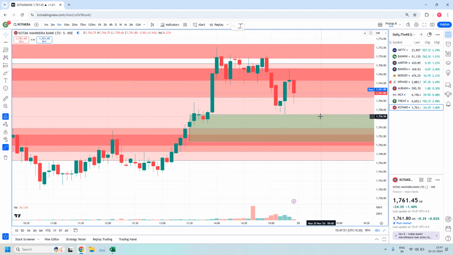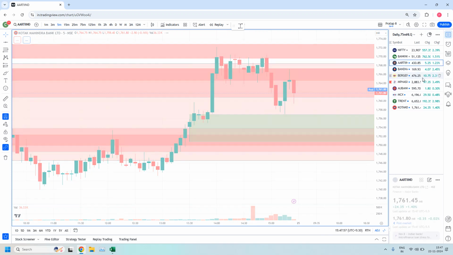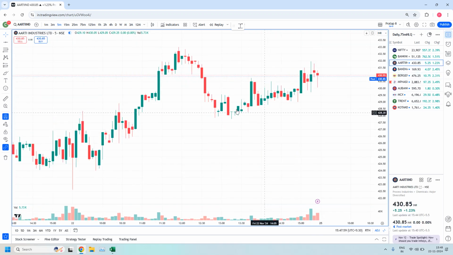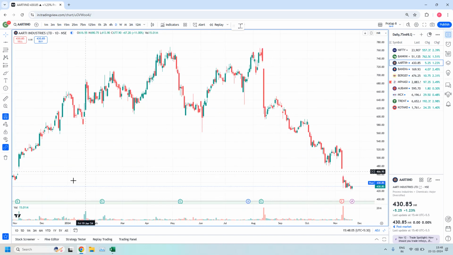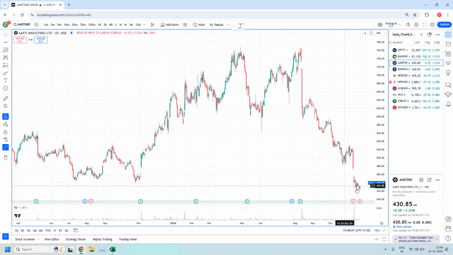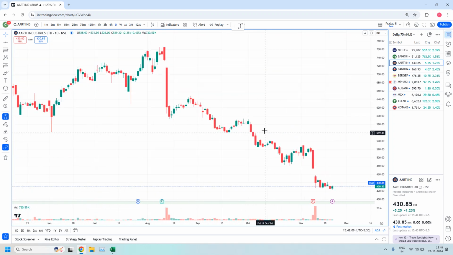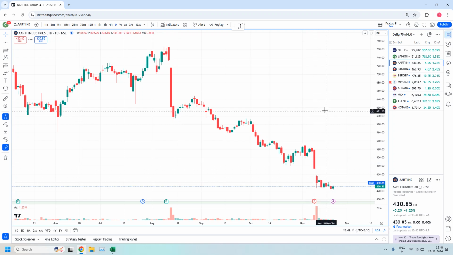So this is about Kotak Bank, and for the remaining stocks we didn't get any trades. Let us look at Aarti Industries; we don't plan any trade in this. The reason is this daily high liquidity demand zone. There were some problems with TradingView data because of the demerger that we already discussed. So that's why I ignored this stock.